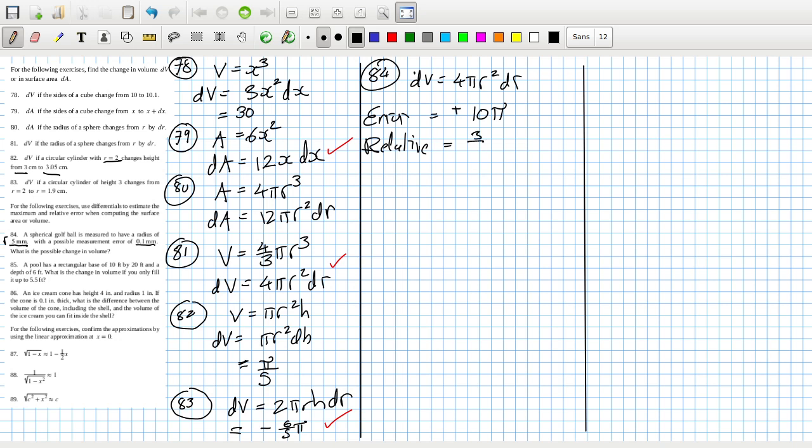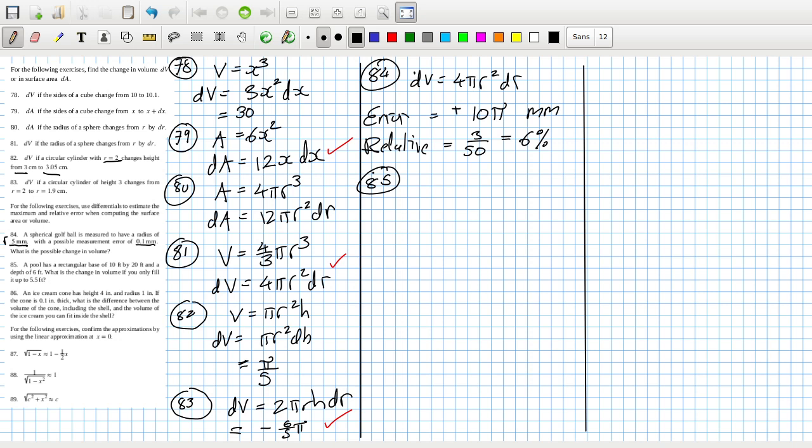That's 3 over 50 millimeters, 6%. I don't know if I've done that right. I'll have to check with 85.